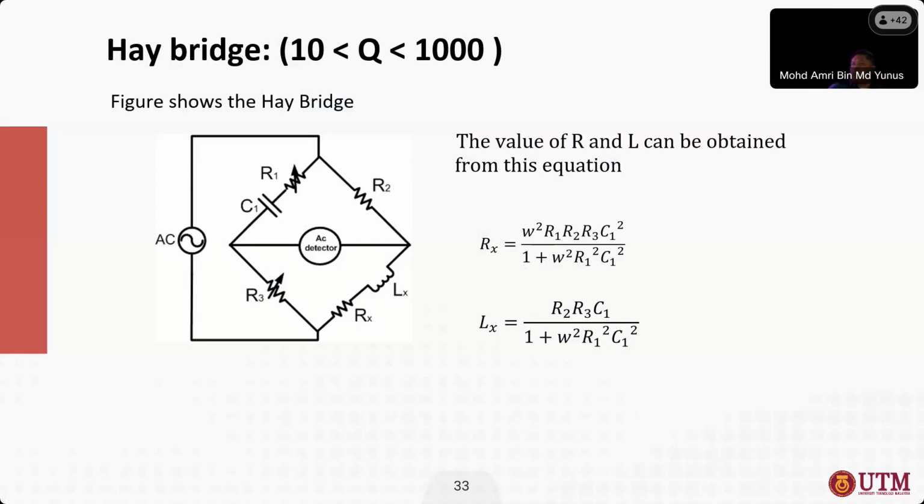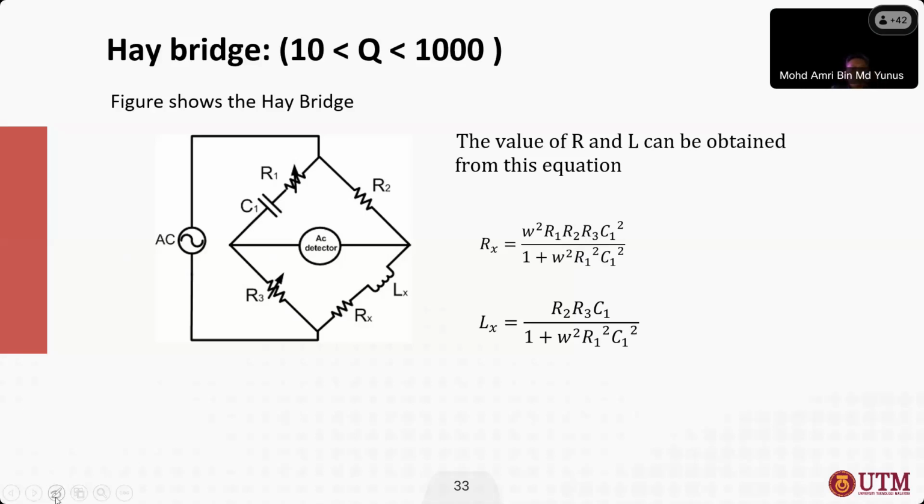It can be derived again by using the same concept of balance condition. The process is quite long. The derivation is quite lengthy, but you can do it by yourself as an exercise.